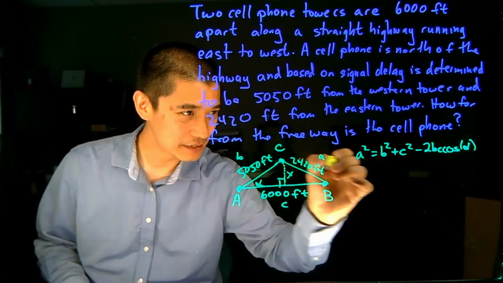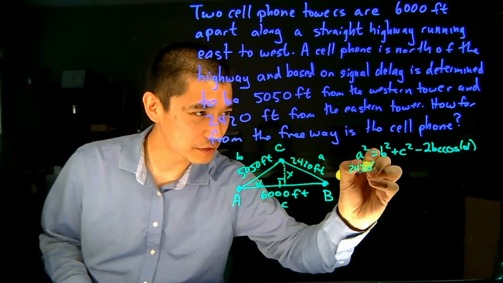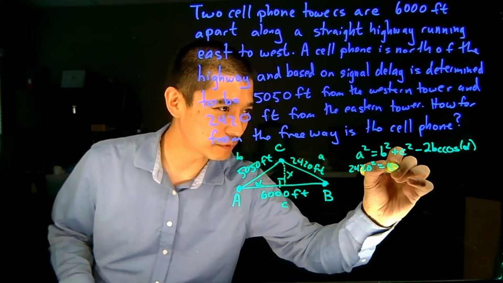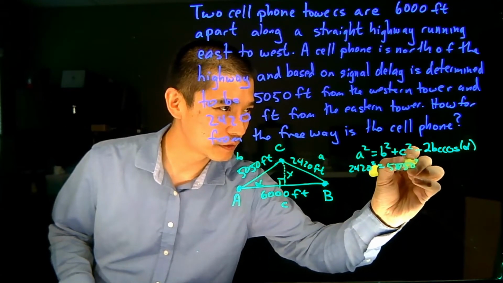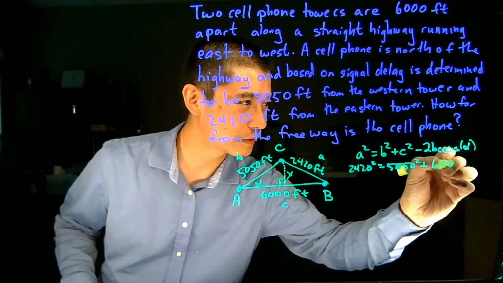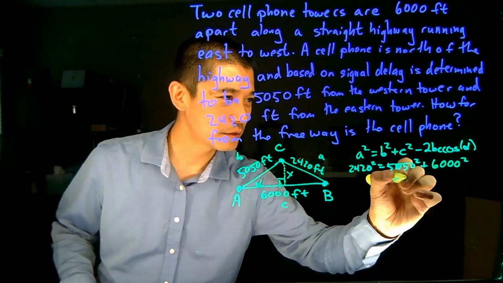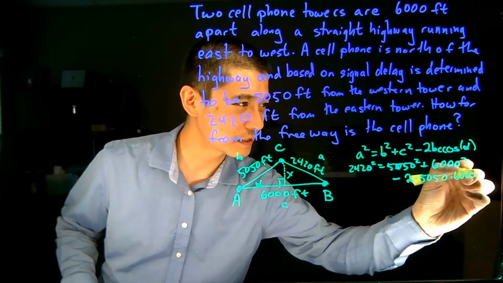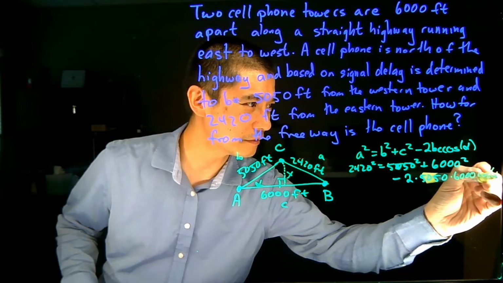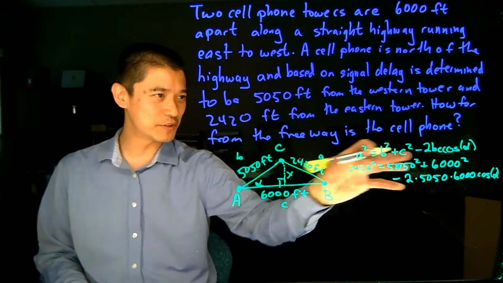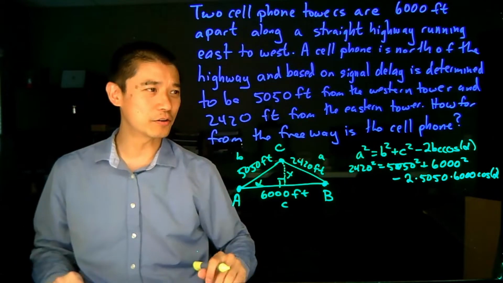So A is 2420 squared is equal to B squared, B is over here, 5050 squared, plus C squared, which is 6,000 squared, minus 2 times 5050 times 6,000 cosine of alpha. And you can see here, if I were to write these out, they're going to be numbers in the millions.